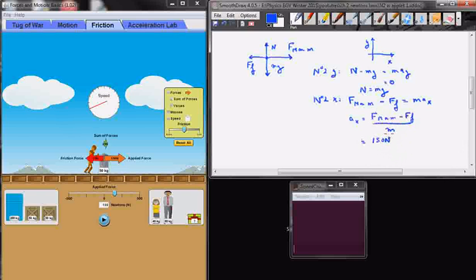Notice the bookkeeping of plus for the applied force, minus 125 newtons, over 50 kilograms, which is 25 newtons over 50 kilograms, which is 1/2 a meter per second per second.